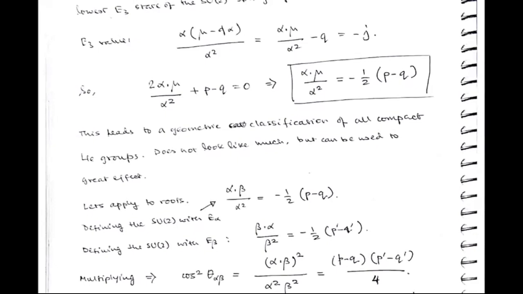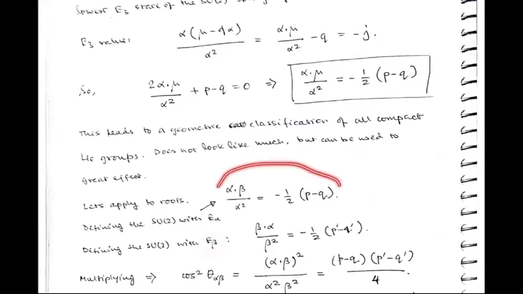So if we define the SU2 with E alpha, then we can use this, and alpha dot beta by alpha squared is minus half p minus q. And if we define the SU2 with E beta, then this gets interchanged. So beta dot alpha by beta squared is minus half some other p prime minus q prime, okay?